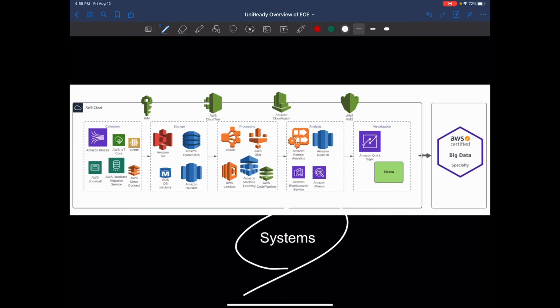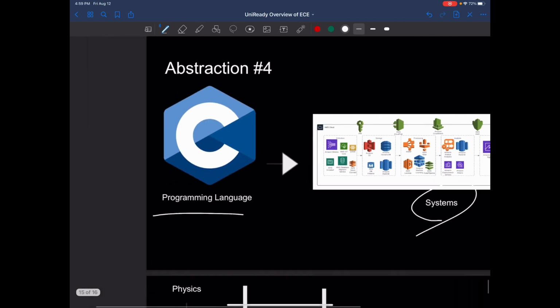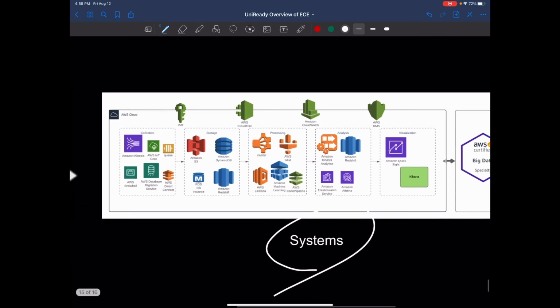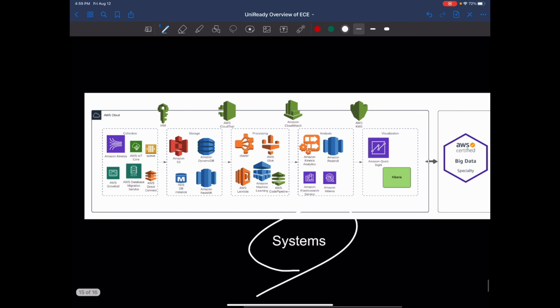So these can be things like servers, databases, gateways, and these abstract components are going to be running software that is written in programming languages. And usually these systems are not very complicated to understand theoretically because, for example, a database, what does it do?